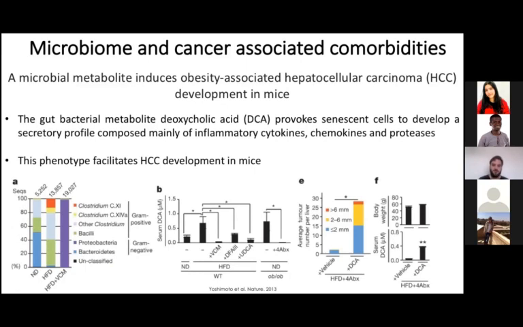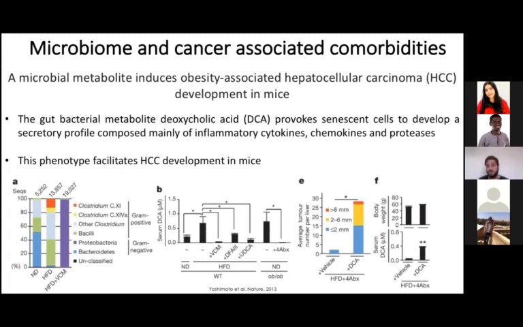In this paper published in Nature, they show how a microbial metabolite can induce obesity-associated hepatocellular carcinoma. Again, these are using mice models. So basically, they show that this gut bacterial metabolite, deoxycholic acid, provokes senescent cells to develop a secretory profile composed mainly of inflammatory cytokines, chemokines, and proteases.